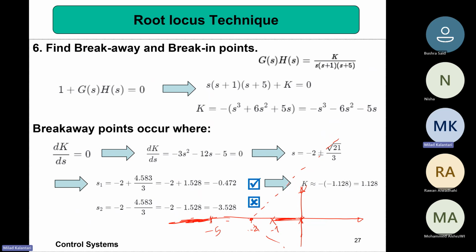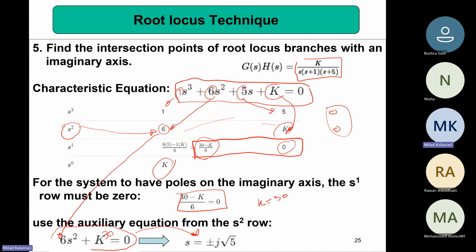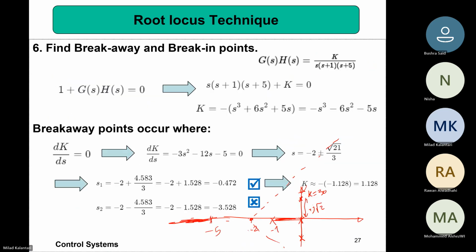Next, what we calculated before with the root locus is how this pole is supposed to pass the j omega region. We know at k of 30, it will reach this j omega, and this value was j root 2, if correct, right? Root 5. Yeah, so far we know this, right?